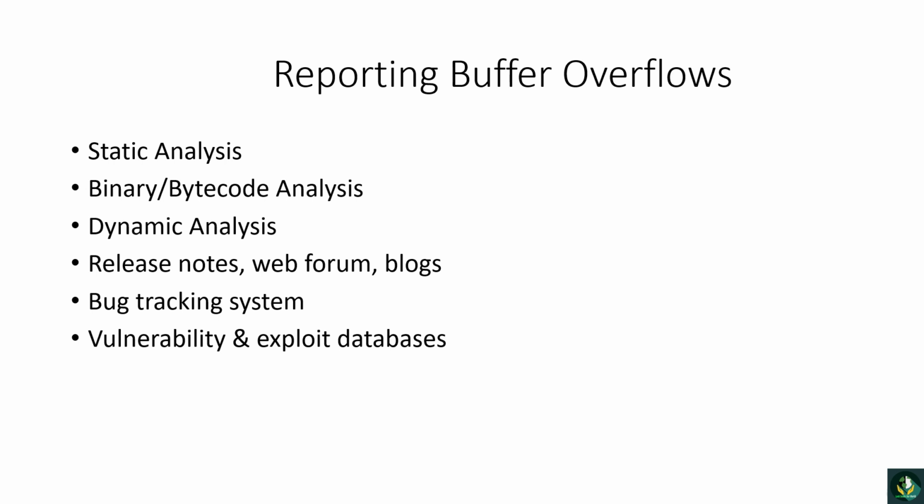You now believe that you found a security issue in this program, but you cannot find any report of the issue in the program release notes, the bug tracking system, the program author's website discussion forum, or any of the usual vulnerability or exploit databases. Even a Google search turns up nothing. So no one is talking about the problem. So what do you do now?